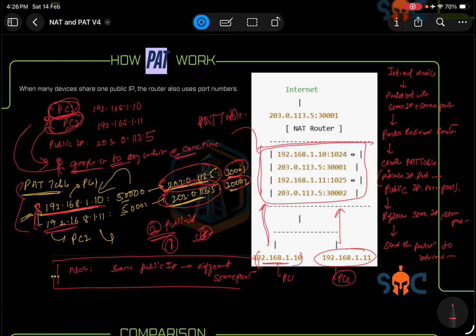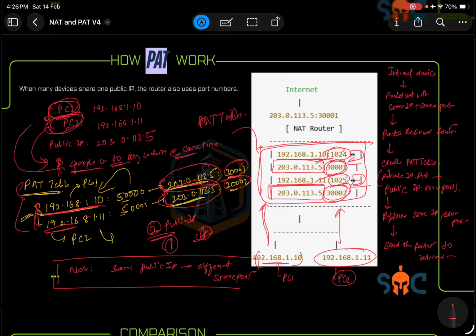The first private IP address is being assigned with a source port, and the second PC's private IP address is being assigned with a port. In the PAT table, they will be translated and assigned the same public IP but with different port numbers. Okay, got the point. So that's how PAT actually works.